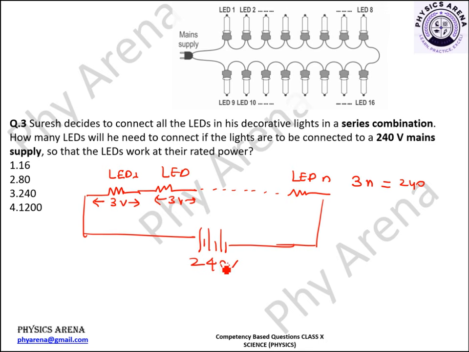So n will be equal to 240 divided by 3, that is equal to 80. So the number of LEDs that must be connected in series so that the 240 volt main supply can be connected across them is 80. When 80 LEDs are connected, then the complete 240 volt will be utilized. So option 2 is correct.